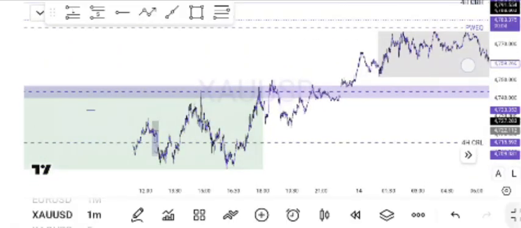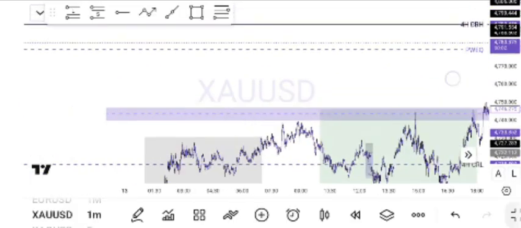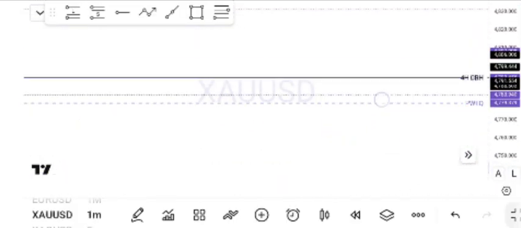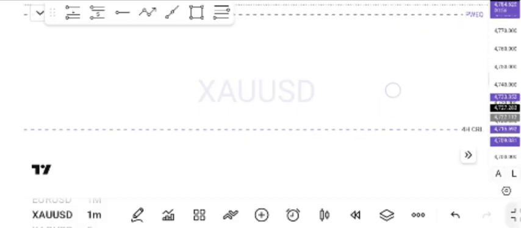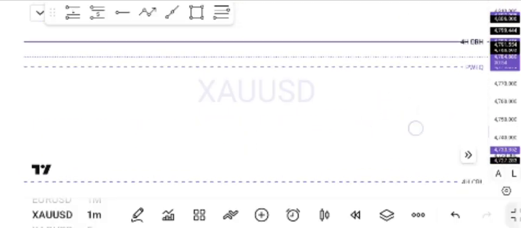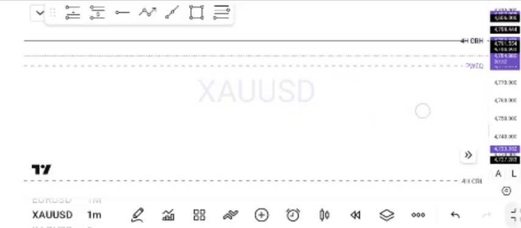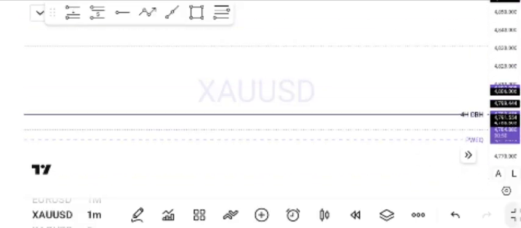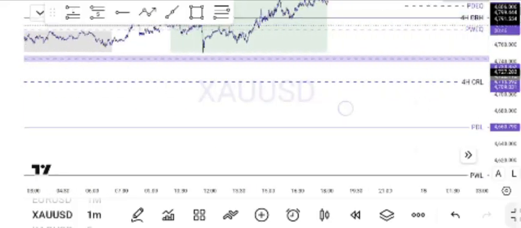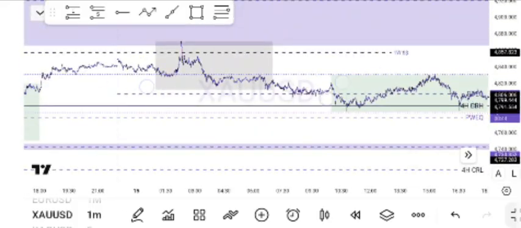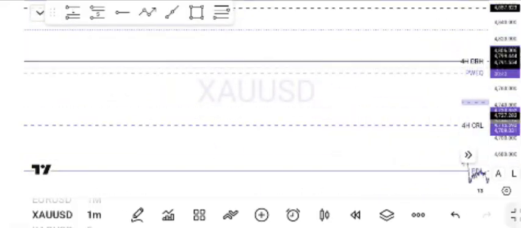That point is too far, so they won't let us. They won't let us see that part on the 5 minute time frame. Sorry guys, it's too far from us. But you already know what to do. Wait, I'm coming.